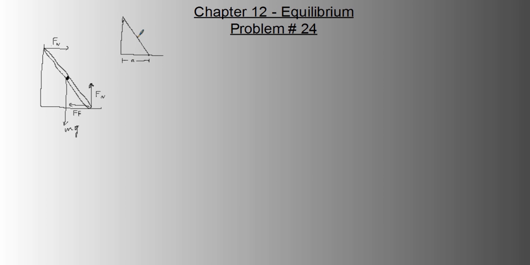D is the distance from his center of mass to his feet along his body. And L is essentially the length of his body.